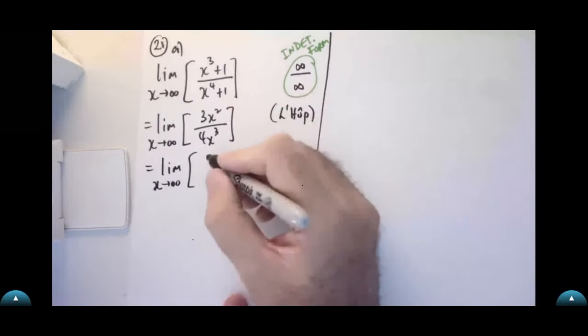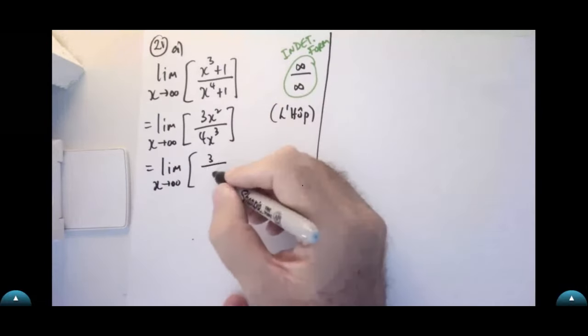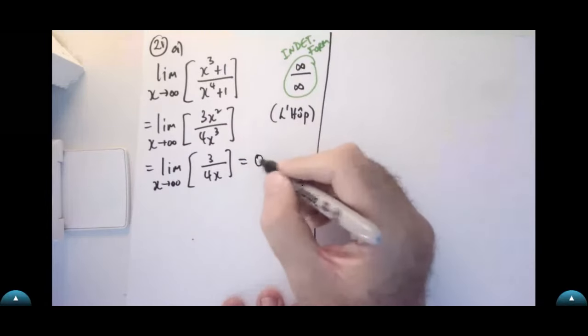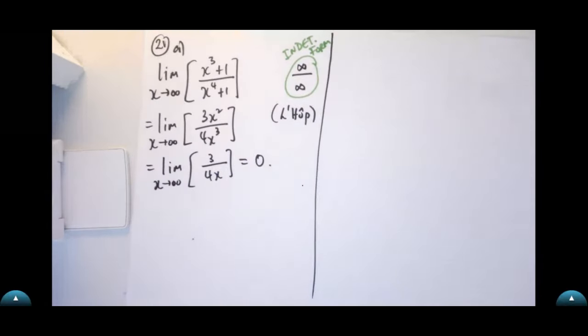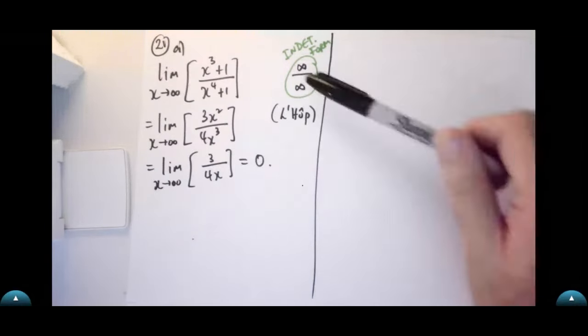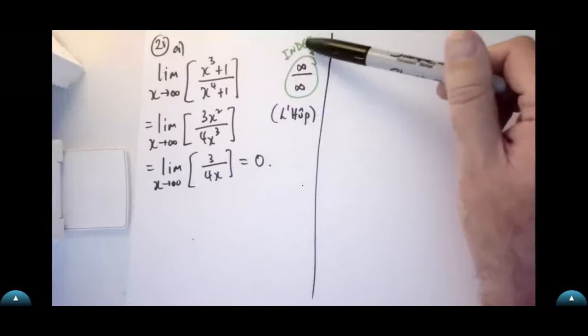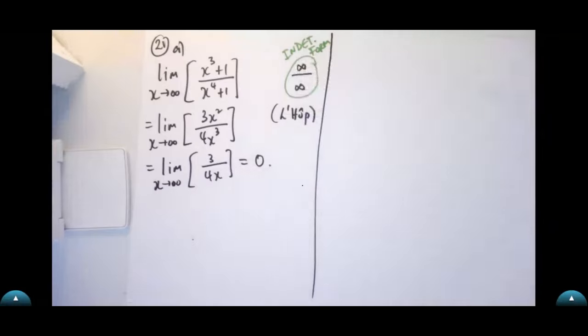You're going to get 3 on 4x, and that is going to become 0. So it kind of confirmed what we already knew. This is an easy problem, but it just gets us checking the conditions of L'Hopital's rule.